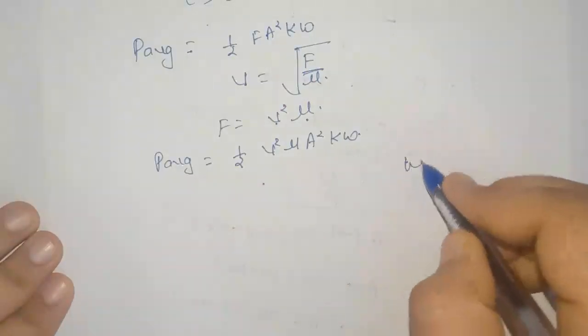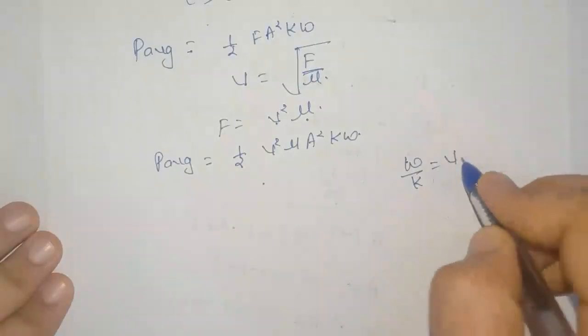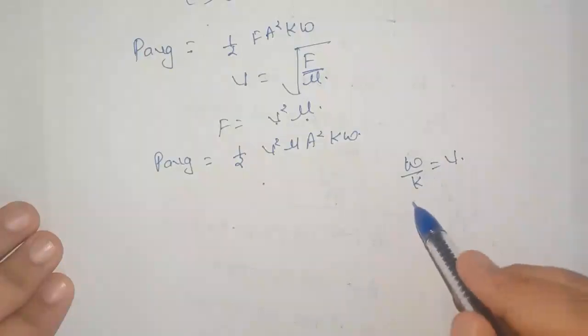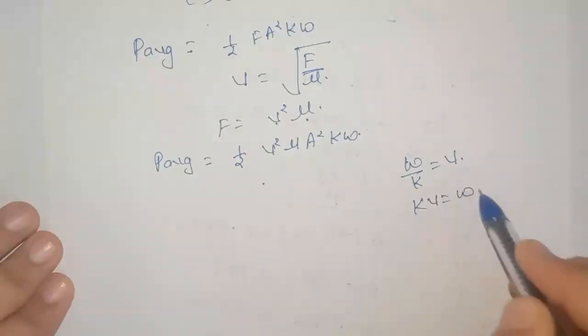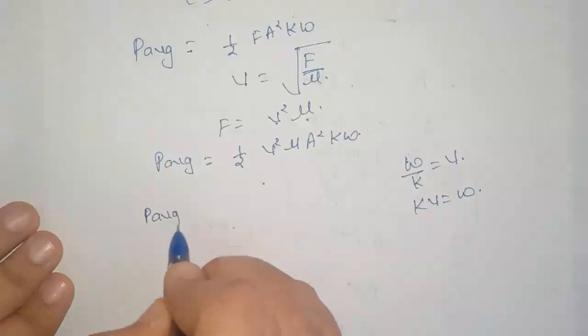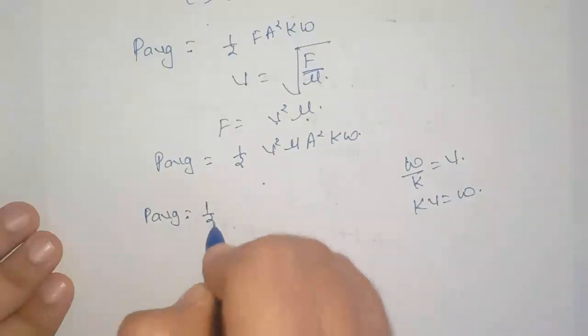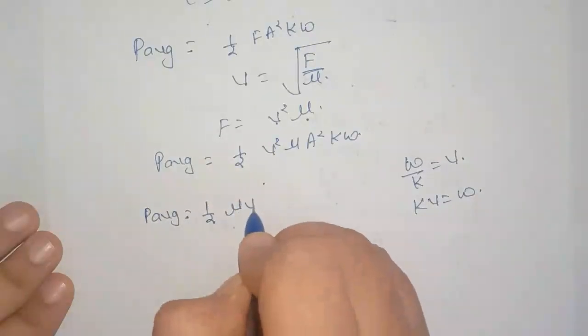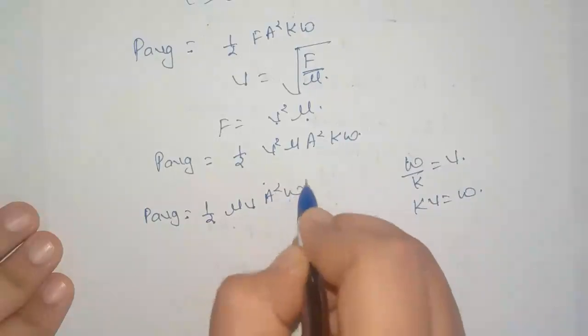But omega by k is equal to v. So kv can be written as omega. So P average will be equal to half mu v a square omega square.